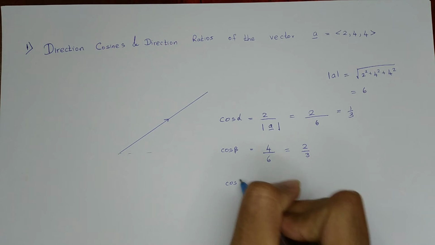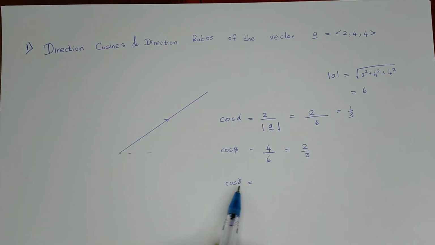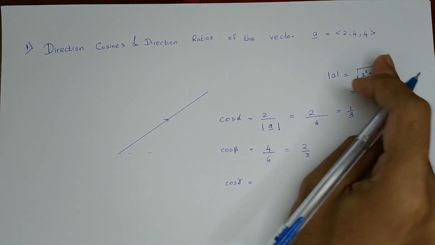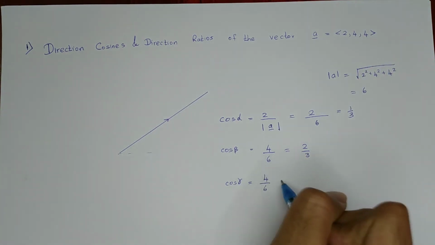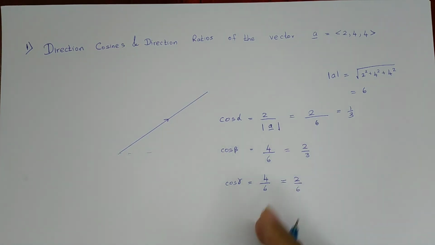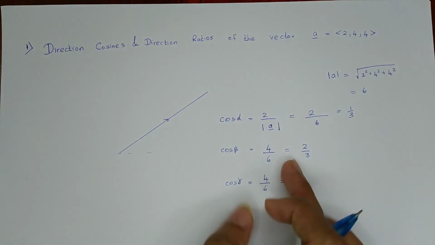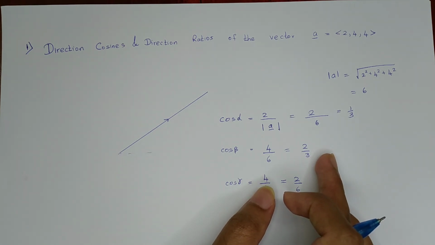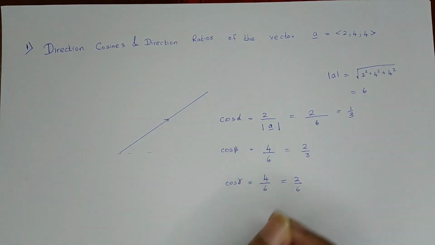After that, you can directly say cos gamma, if gamma is the angle between the direction vector and the z-axis, it is going to be the same, 4 by 6, which is 2 by 3. If you want to figure out how we derive this, you can watch any animated video on YouTube, so it would be very easy for you to understand. But if you have a question like this, you can directly use this method and find these direction cosines.